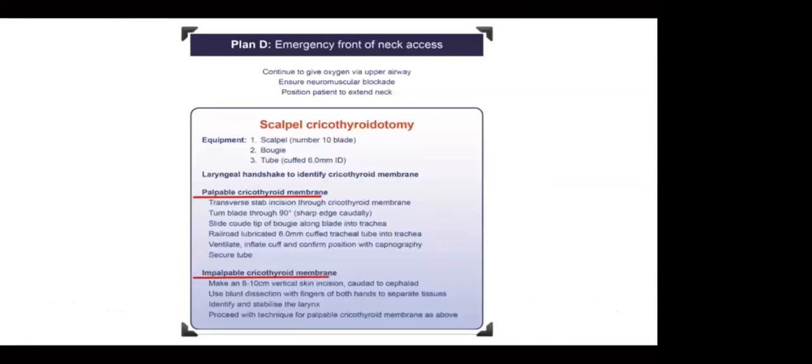However, in many patients, especially the ones who have some features of difficult airway, identification of these landmarks is not possible. And in these cases, the recommendation by Difficult Airway Society is to make a 8 to 10 centimeters long incision, which saves lives but has a potential to cause more morbidity.